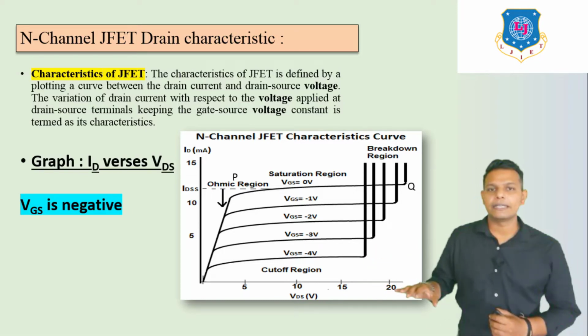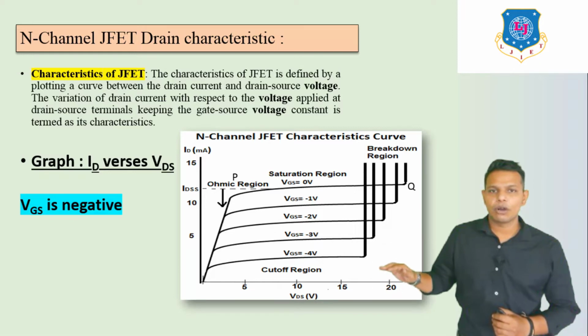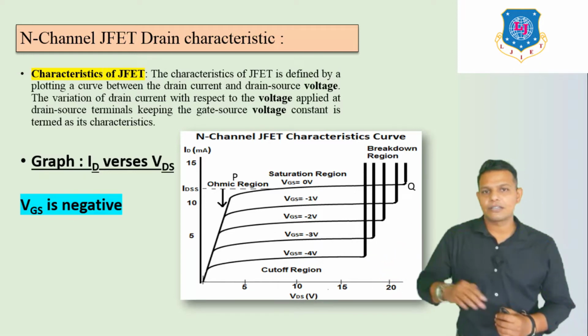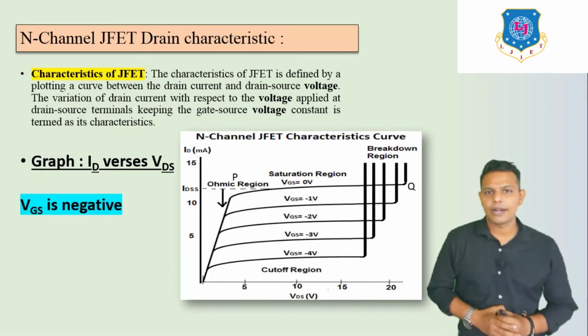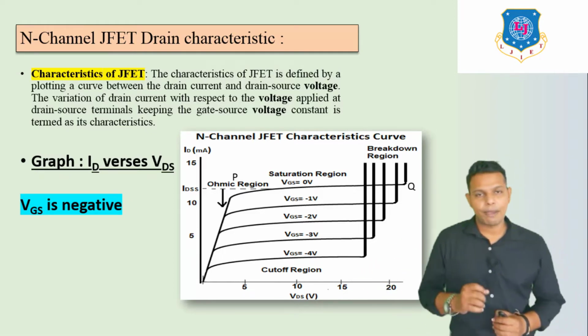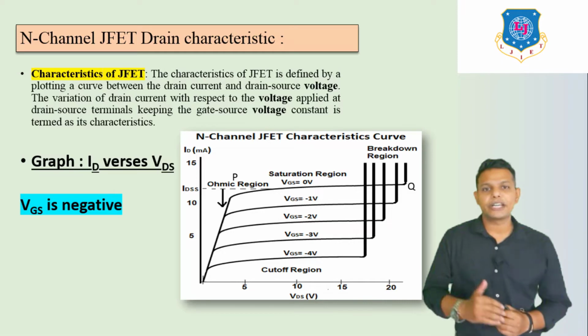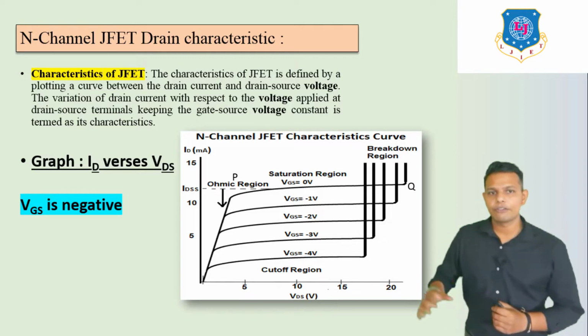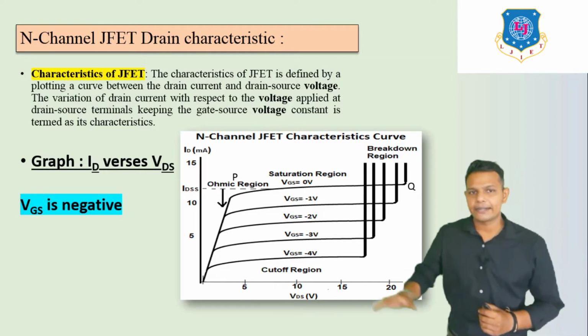That means basically it is the graph of ID versus VDS. Now here VGS is negative. Remember this thing, in N-channel JFET we should take VGS negative. So this is the characteristics.